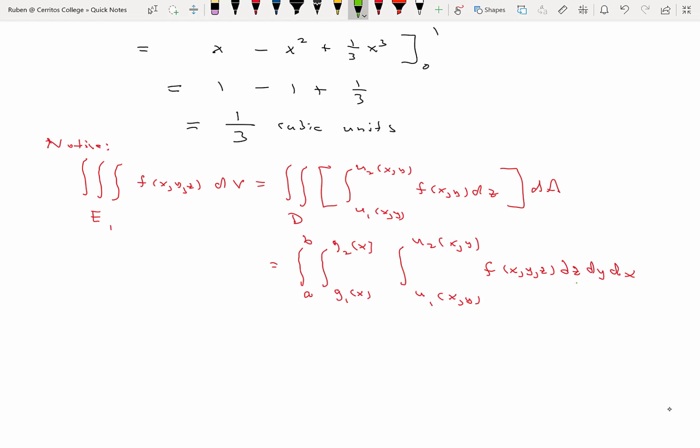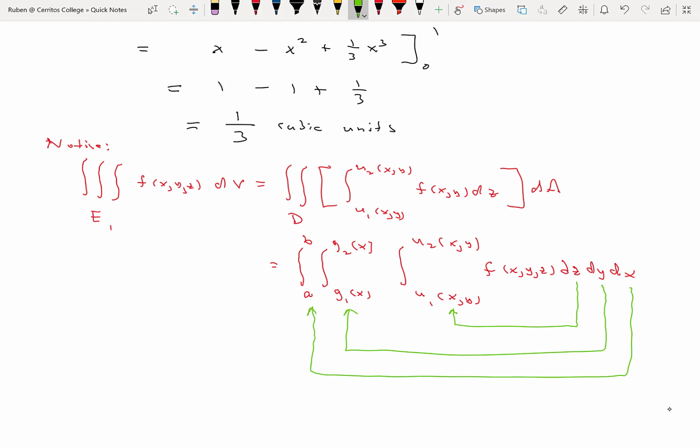And there's something that generalizes here. The innermost integral, you integrate with respect to z and then substitute functions of the other two variables. The functions in the limits of integration contain the other two variables x and y. When you integrate with respect to y, the limits have the only other variable left, x. When you integrate with respect to x, there are no variables left.